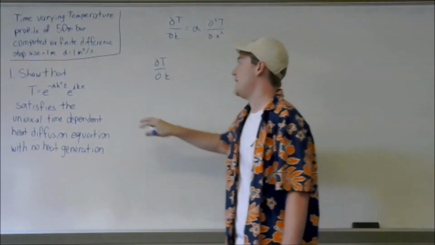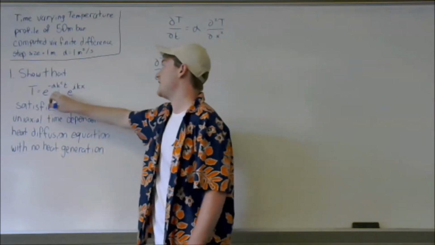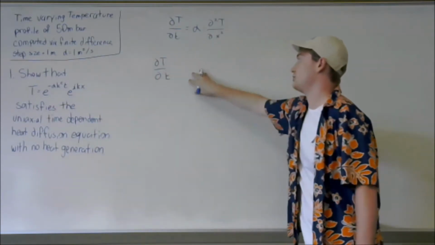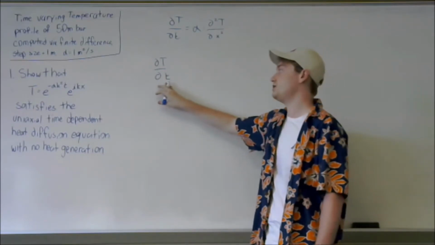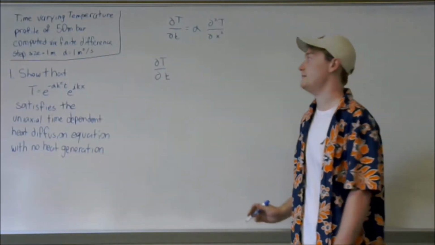And if we take a look at our equation, we have two parts to it. One is time dependent and one is position dependent. So when we take a partial derivative, what we're taking it with respect to will be differentiated, while the other part will not. It'll just stay the same.